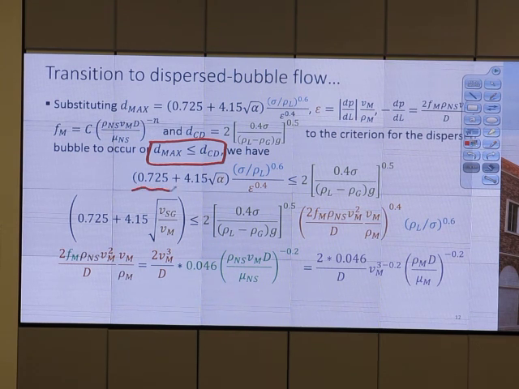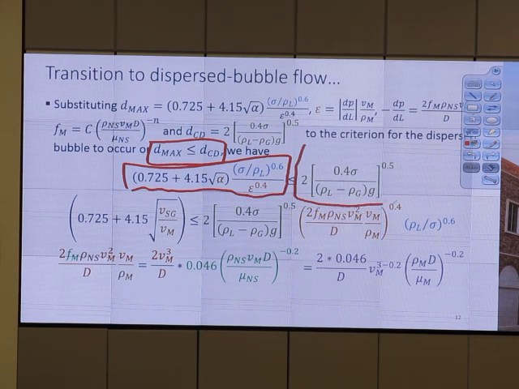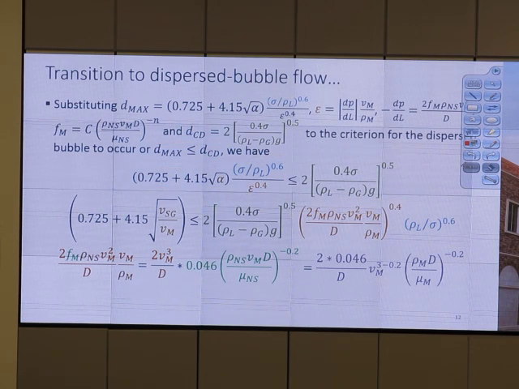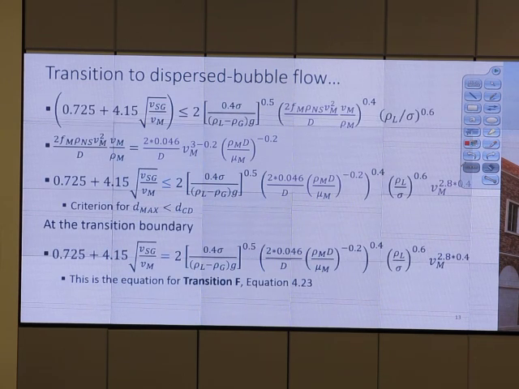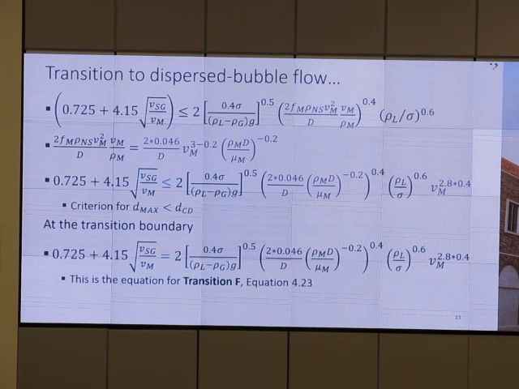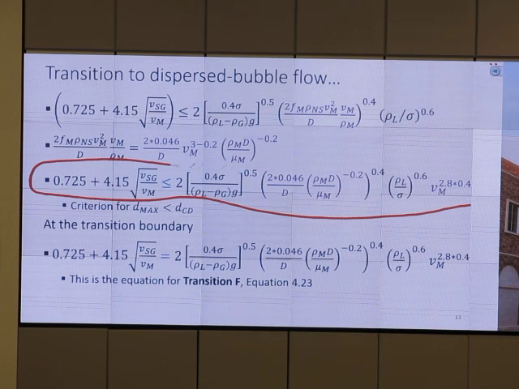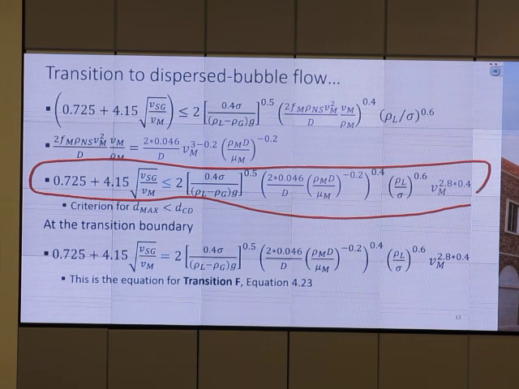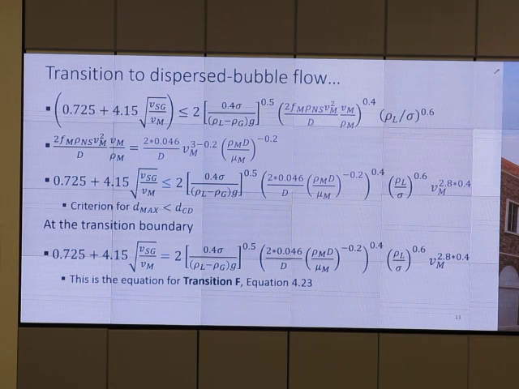So we have 1.4 square root alpha, and D critical, that formula. Put everything together, rearrange it, and finally we get this equation. This is the criterion for D max less than D critical. So if the left hand side is smaller than the right hand side, we have bubble flow.